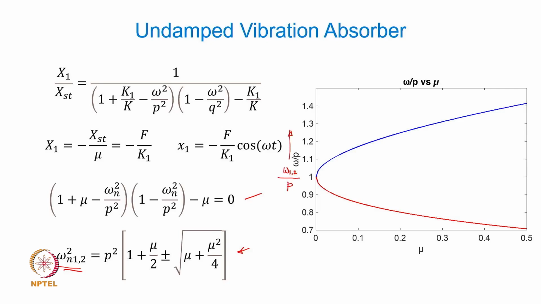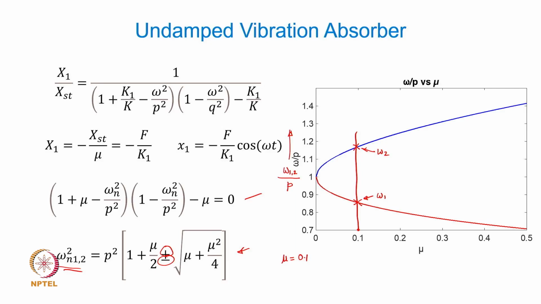By using the plus and minus sign, I obviously get two frequencies. Let us assume that I have chosen this mass ratio equal to 0.1. At this value of mass ratio, I get these two natural frequencies, or resonant frequencies. One is this, and the lower one of the two is this.